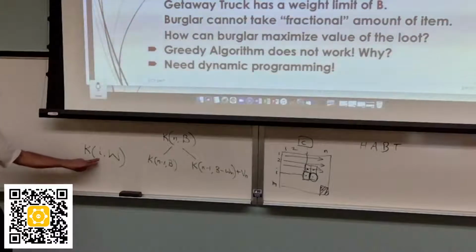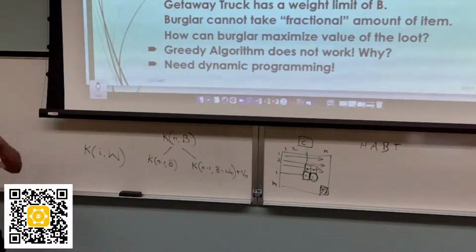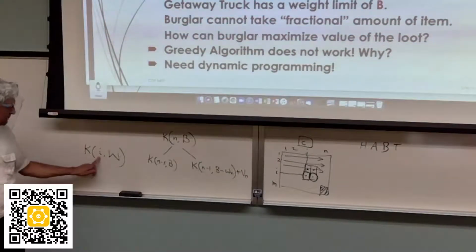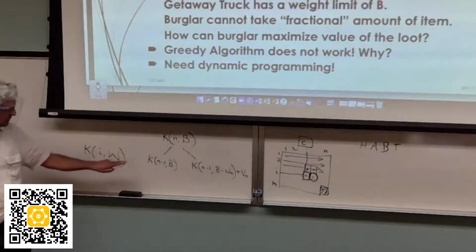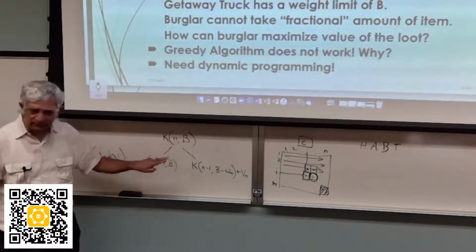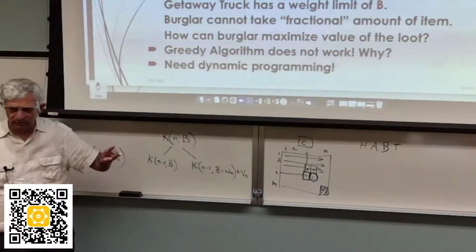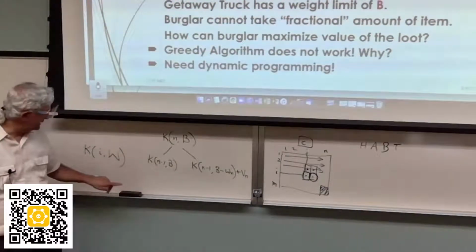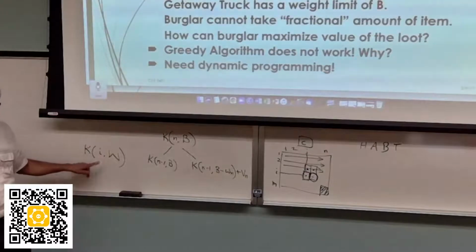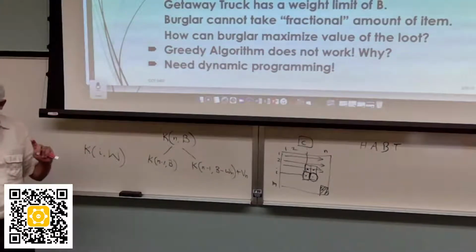So I'm going to assume that I have only i items to choose from, and my weight limit is some variable w. The only thing you have to remember here is that I started with n items. I called something as the last item, and I'm left with the n minus 1 items. So when I say i, I mean the first i items.